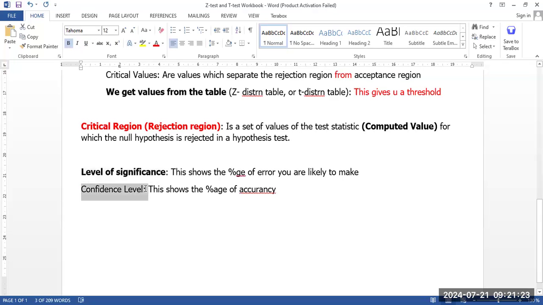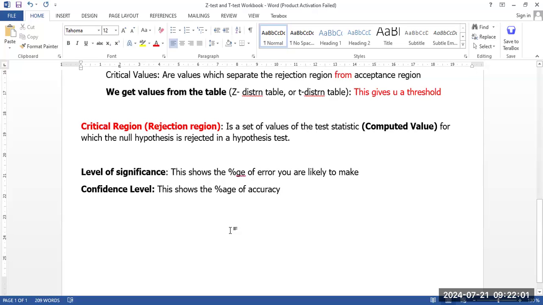I am not using hard words here. Whether you studied in good schools or not, just understand. I'm not complicating things. Every time you see level of significance, they are giving you the percentage of what? Error. Then every time you see they have given you the confidence level, that is the percentage of accuracy.